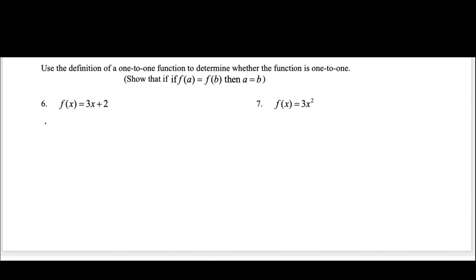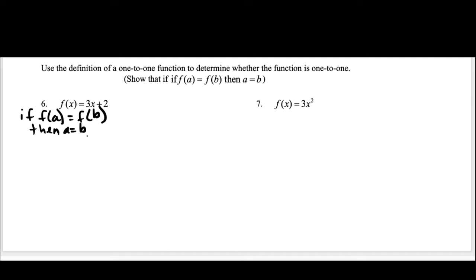Those conditions are either: if f of a equals f of b, then a equals b.